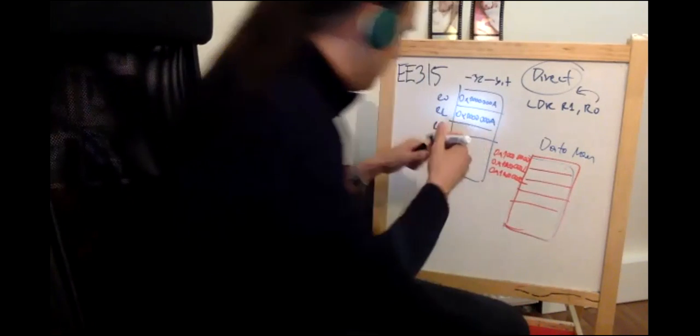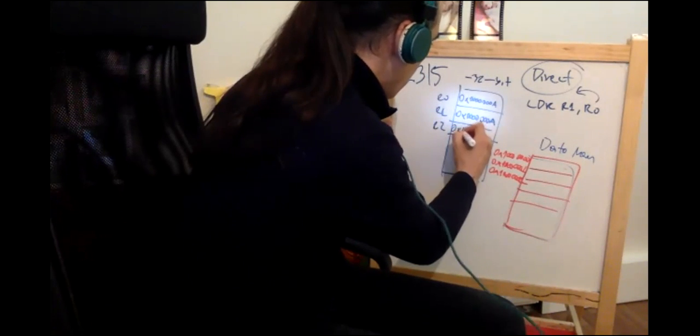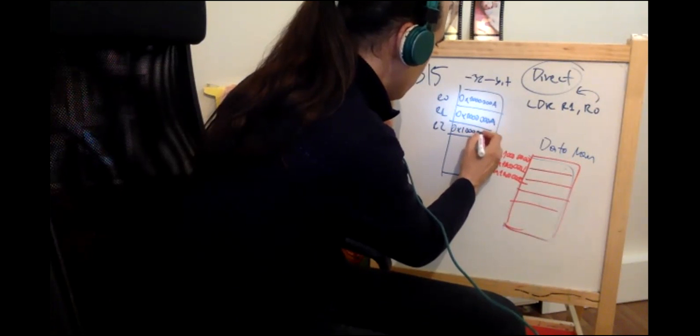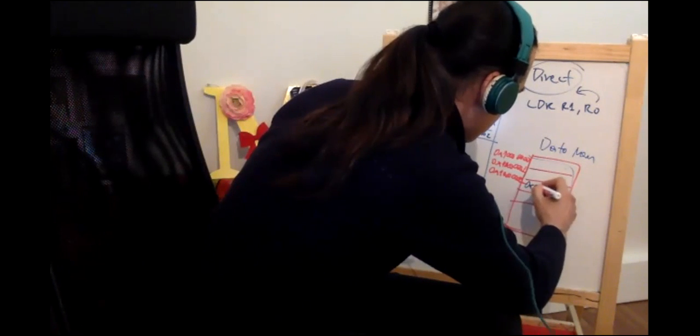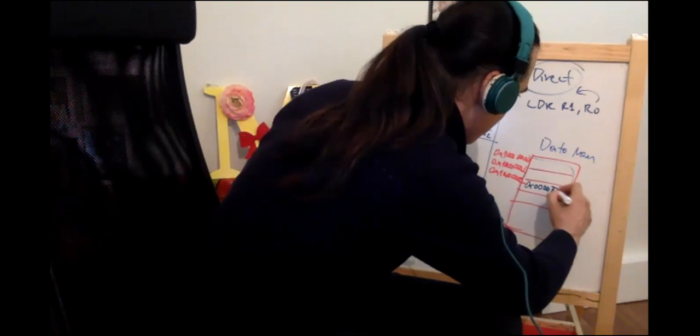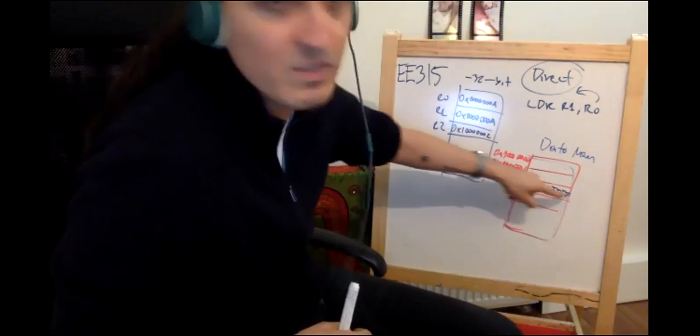Imagine I'm going to do another example. In R0, I have this number written: 10000002. And I'm going to write another value here in the memory, for example 0000FFFF. So this is a memory. Inside the memory, I have this value.